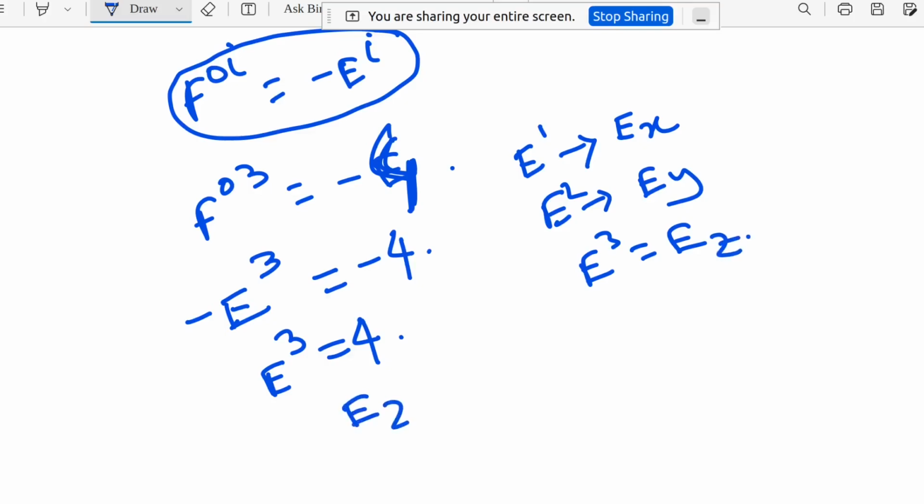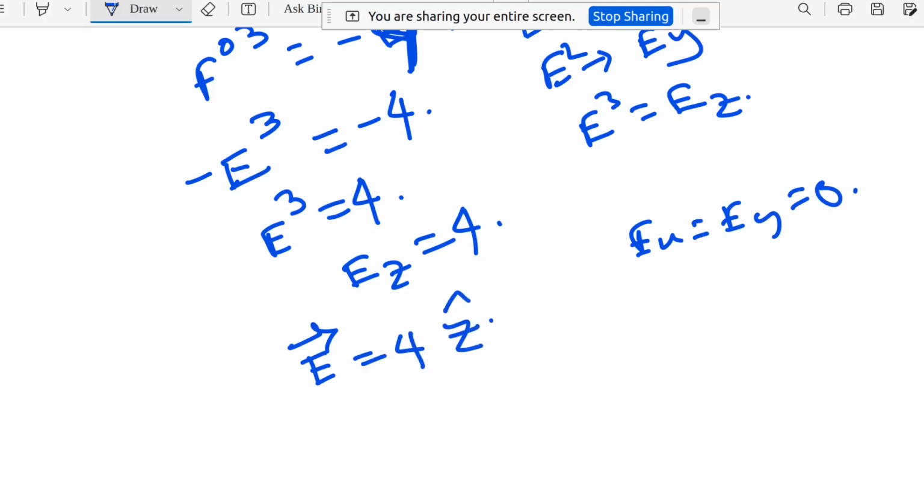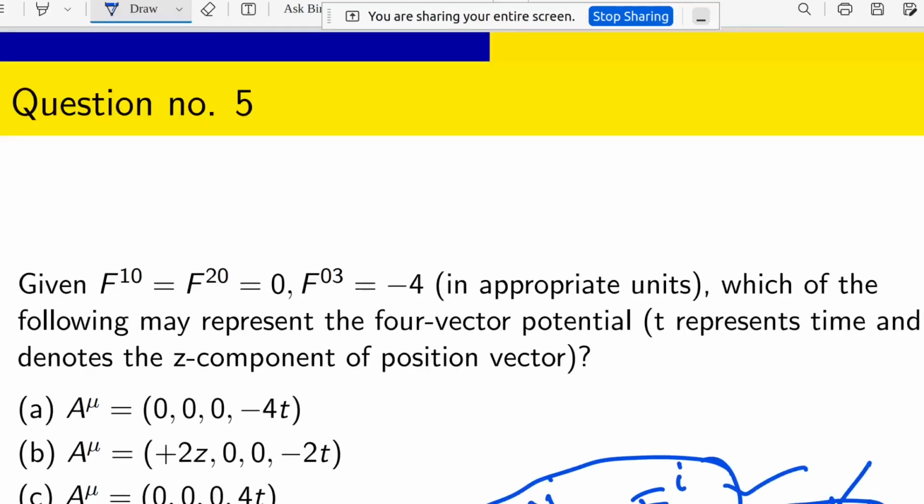So Ez is 4, and from the other two expressions we have Ex and Ey are 0. That means E is nothing but 4 z cap. So we get from that condition E vector is 4 z cap.